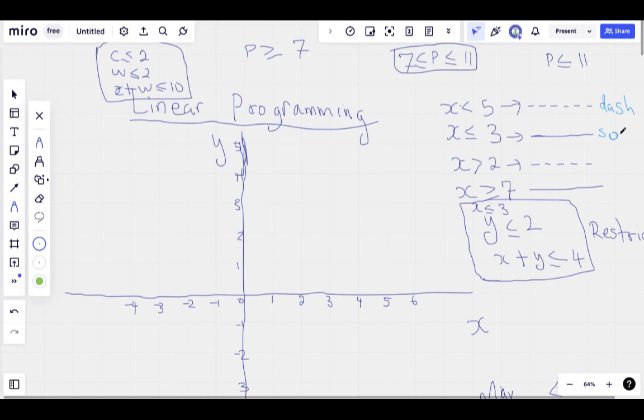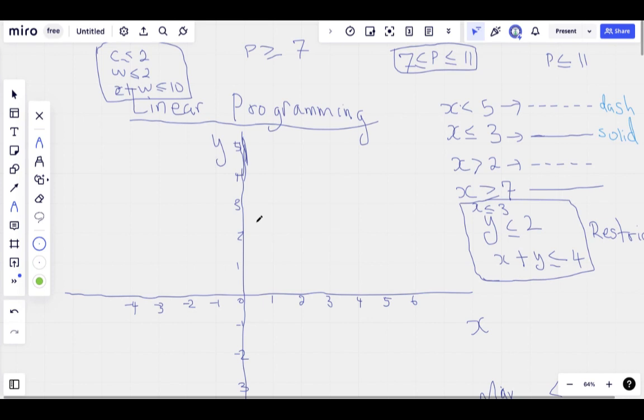When it is lesser than or equal to, we have to use a continuous solid line. When it is only greater than, it's also a dash broken line. When it's greater than or equal to, it's a solid line. So greater than or equal to is a solid line, lesser than or equal to is a solid line. Less than is a dash line or broken line. Greater than is a broken line. So once you know this condition for the line, we are set to graph the inequality.